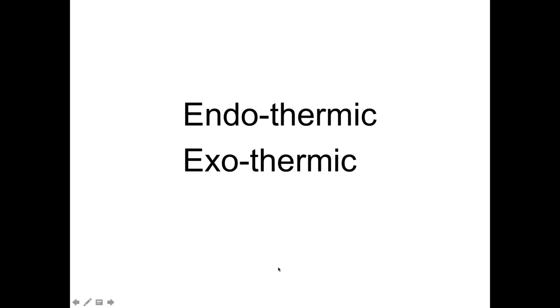Okay? So let's introduce a couple terms. An endothermic reaction is a reaction. Watch this. Thermic. Can you hear heat when I say thermic? So an endothermic is something that puts heat into the process, or takes heat into it. An exo is something that lets off heat.